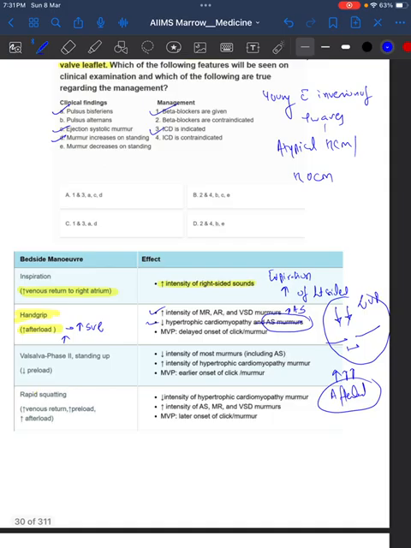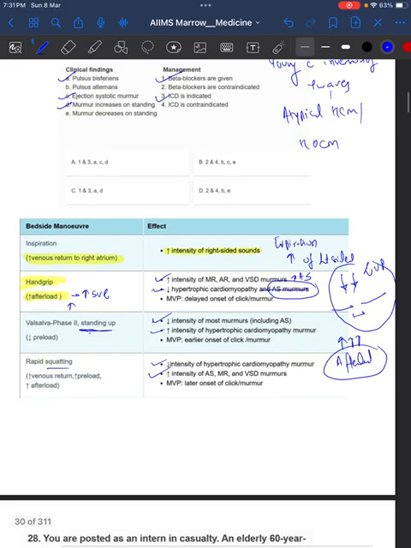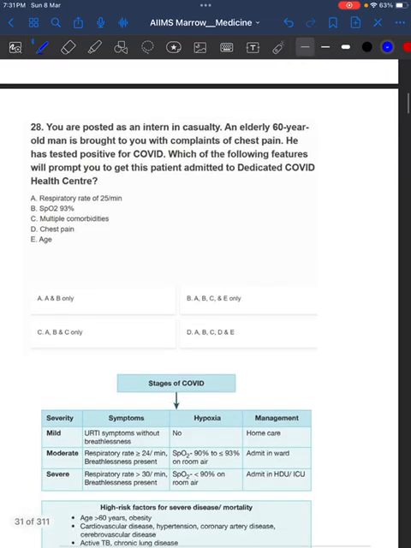Then coming to the next point, on standing up, almost all murmurs decrease except the HOCM. Then on squatting, the murmur intensity increases except in HOCM. That's what you have to remember. That's it. Now coming to the next question.